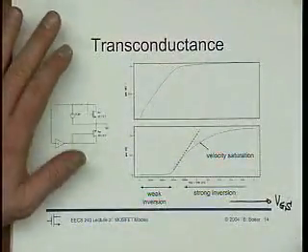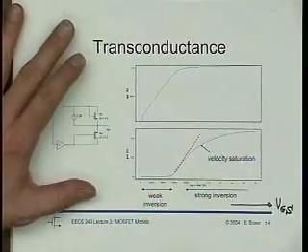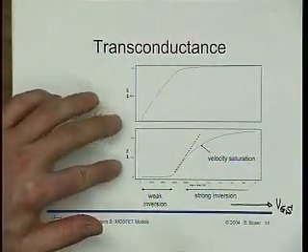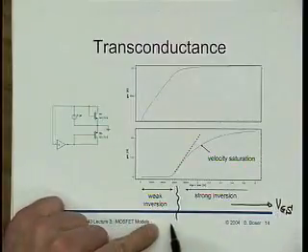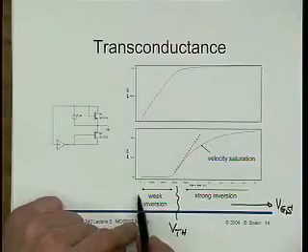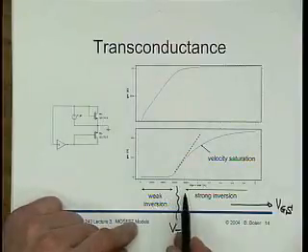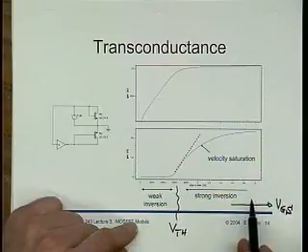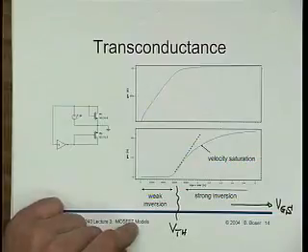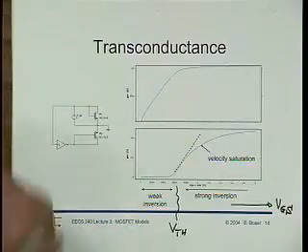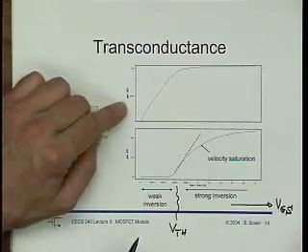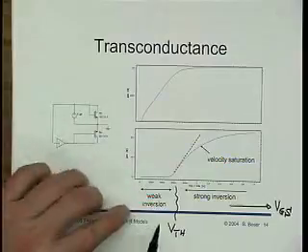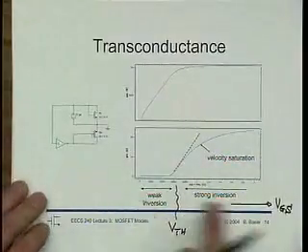Then, if we vary VGS, of course, somewhere in between there is the threshold voltage, and I'm going from weak inversion to moderate inversion to ultimately strong inversion. So I actually changed my region of operation. If you rework these equations on the previous page a little bit, the transconductance in weak inversion increases exponentially, at least theoretically, with VGS.